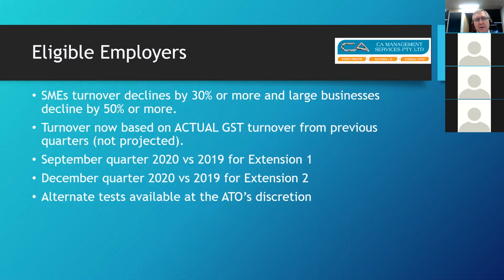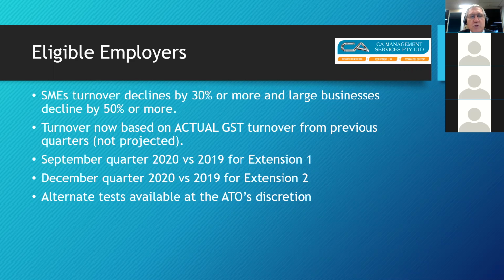One of the key things is that it's really important that you get your BAS in for the September quarter, or at least work out your BAS numbers so you can compare. If you are paying people JobKeeper, a lot of people are going to need to be paid this week and next week, so you need to have made that decision: are you actually eligible to claim it before you start paying it out?